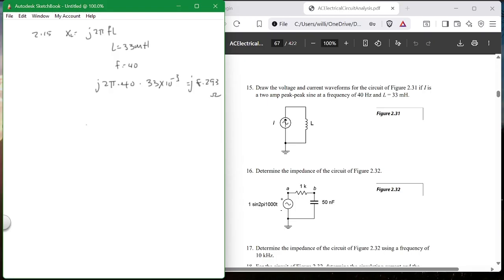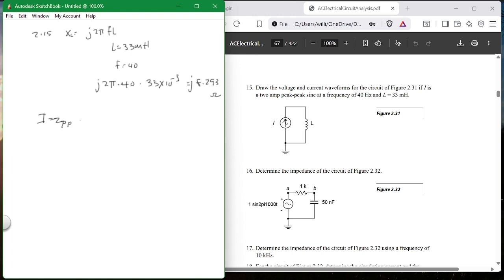Okay. So we have I is 2 amps. So I is equal to 2 peak to peak. So you just label peak to peak, or just label it 2, and remember it's peak to peak.